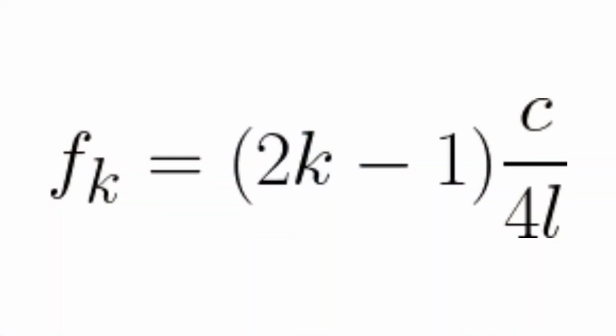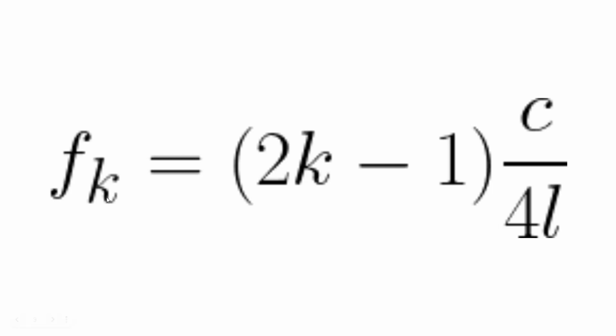And so what we can do from there, we know that frequency is equal to the speed of sound divided by the wavelength. And if we do a little bit of math, we don't have to worry too much about how to get here, but here's a formula that gives us that for all of the resonances in a uniform cylinder like that.